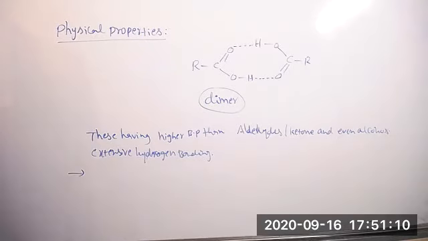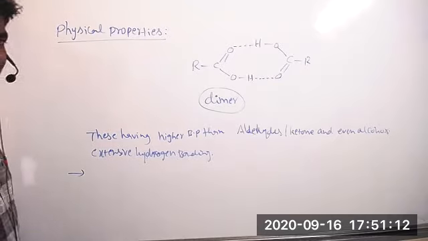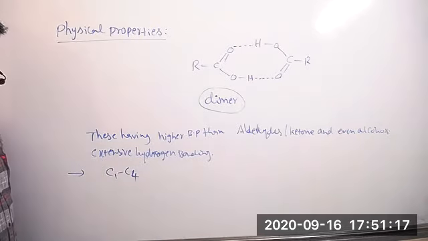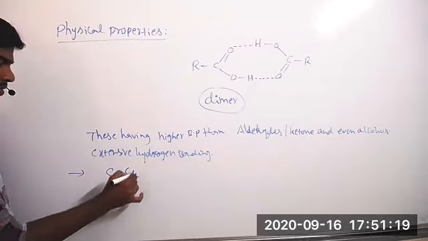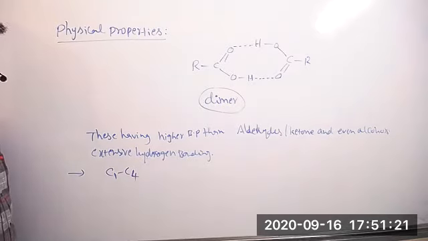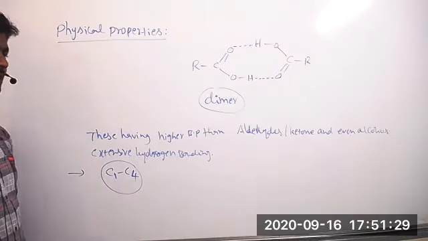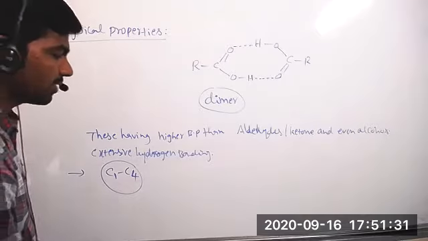And then solubility. Lower members of carboxylic acids, containing up to 4 carbon atoms, C1 to C4, are easily soluble in water. But if the number of carbon atoms increases, solubility decreases, because these carboxylic acids are soluble in water by forming hydrogen bonds with water.